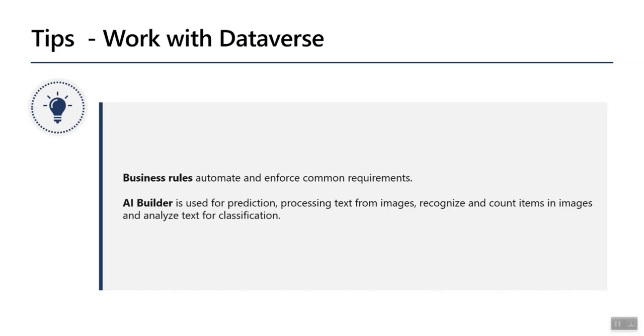While if you have generic things, like scanning passports, driver's licenses, or doing sentiment analysis on text, these are not custom AI models. These are pre-built AI models. Because these are generic things which can be easily applied to any industry, we will be using pre-built AI models for that.